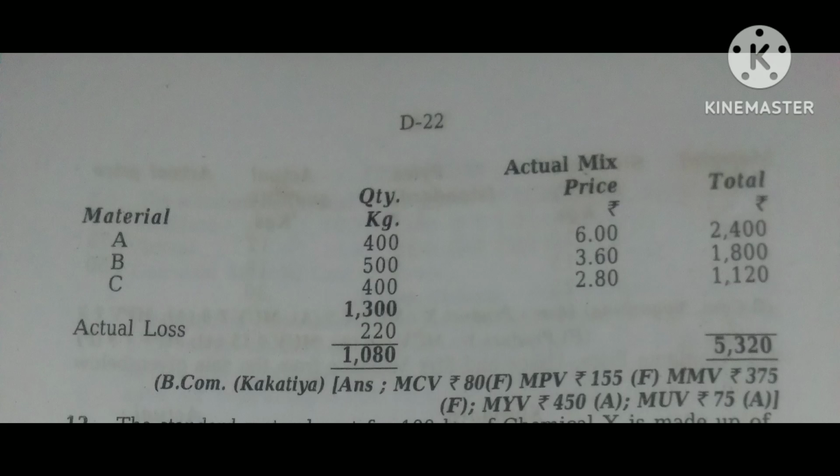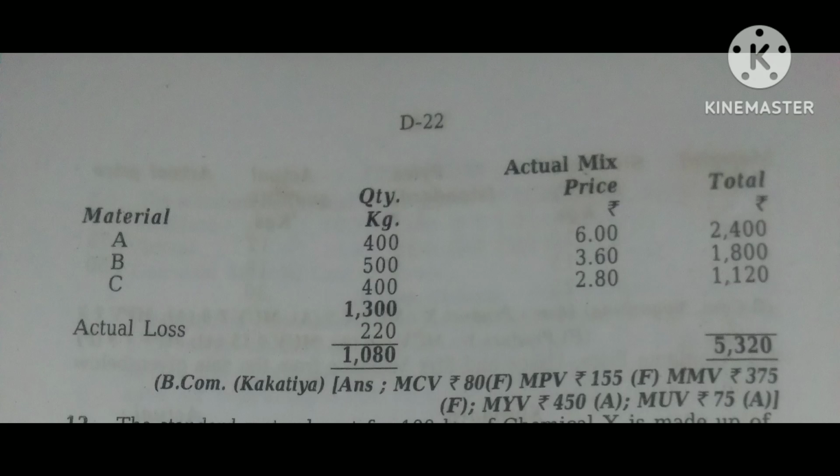So now he has totalized the quantity. So he has got 1300. Now he has subtracted the actual loss, that is 220. So 1300 minus 220, he has got 1080. Now he has totalized the total, that is 2400 plus 1800 plus 1120. So he has got 5320.